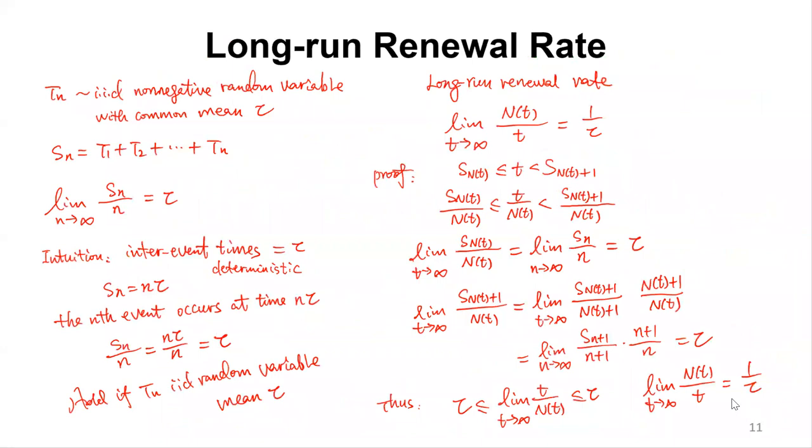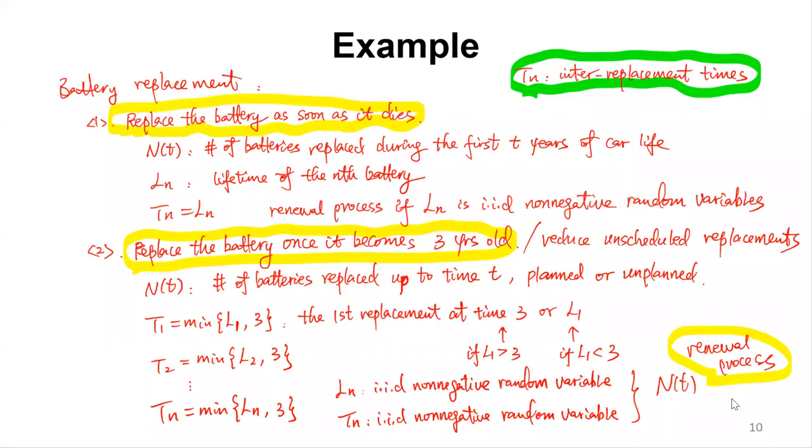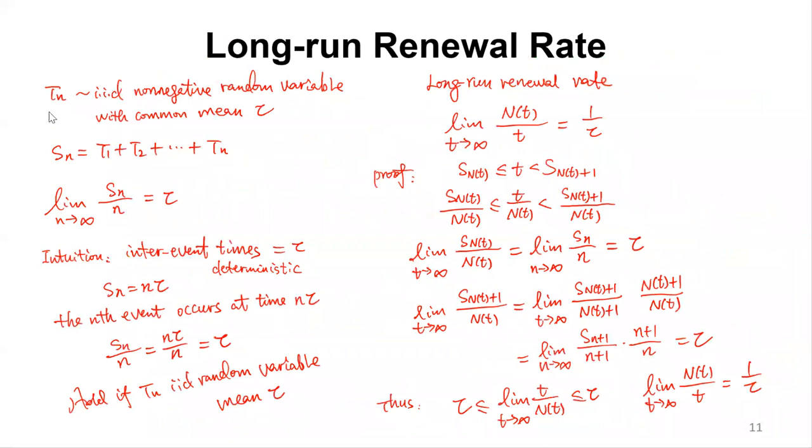Now let's have a look at the long run renewal rate. Tn is an IID non-negative random variable with common mean.